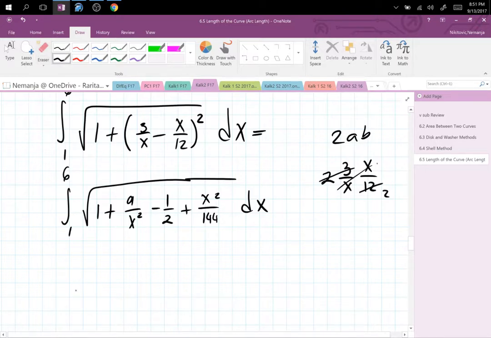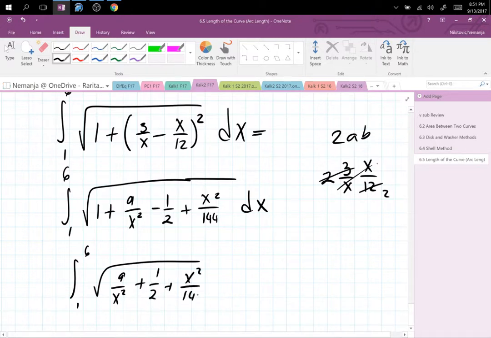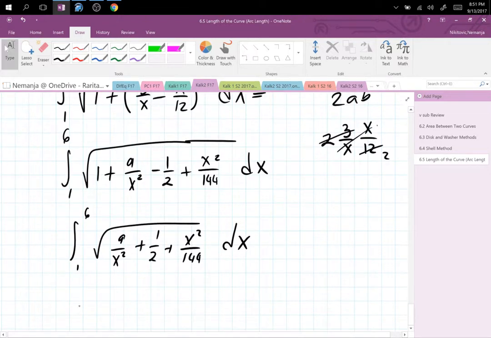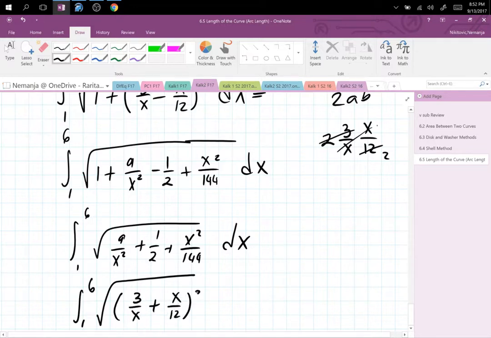So add these guys together, we get 9 over x squared plus 1/2 plus x squared over 144 dx, and then we use the same trick to compress it back, so it's going to be 3 over x plus x over 12 squared dx.